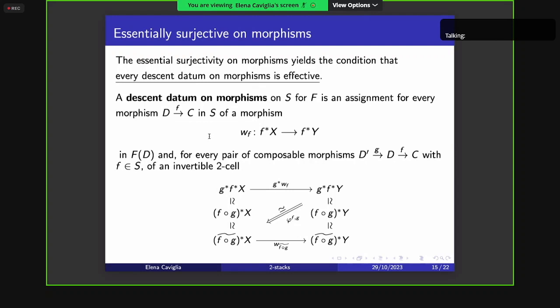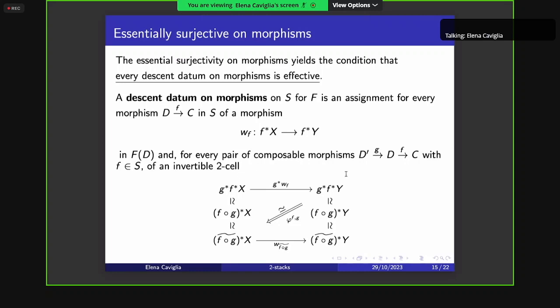For every morphism in the sieve, we get a morphism W_F from f star x to f star y. So instead of having objects as assignments, this time we have morphisms. And instead of having a compatibility condition given by isomorphisms, we have a compatibility condition given by invertible two cells.